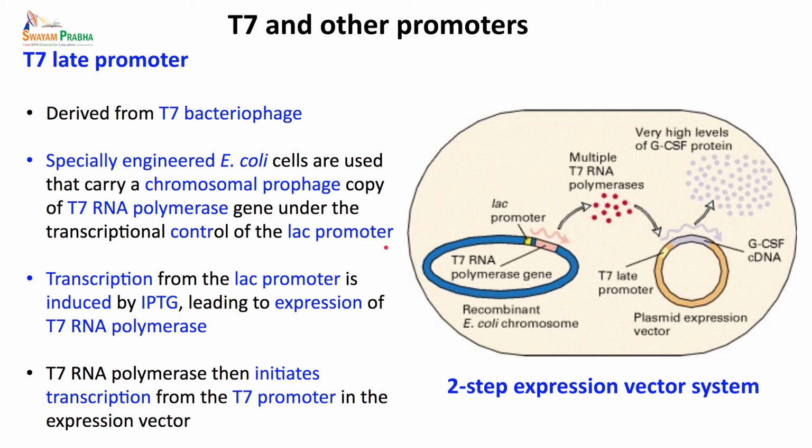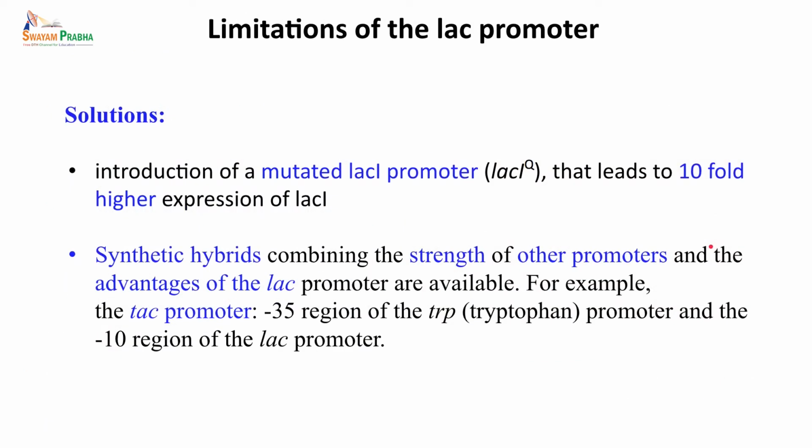So when you add the IPTG, what was happening in other vectors was directly inducing the expression from the plasmid, but here it is inducing the expression of T7 RNA polymerase from the bacterial chromosome, which will then bind to the T7 promoter present in the plasmid, and initiate the transcription from this plasmid for the expression of the protein.